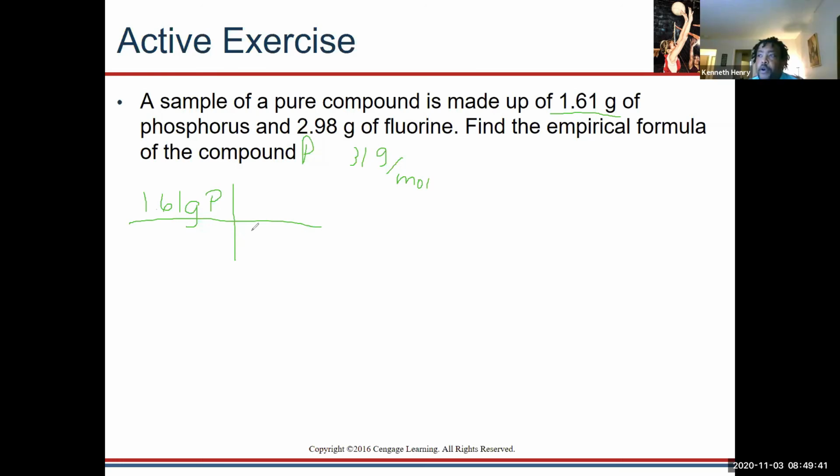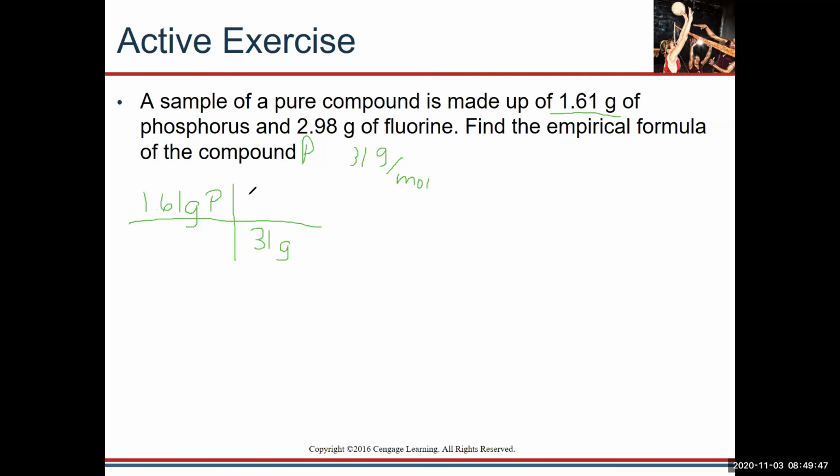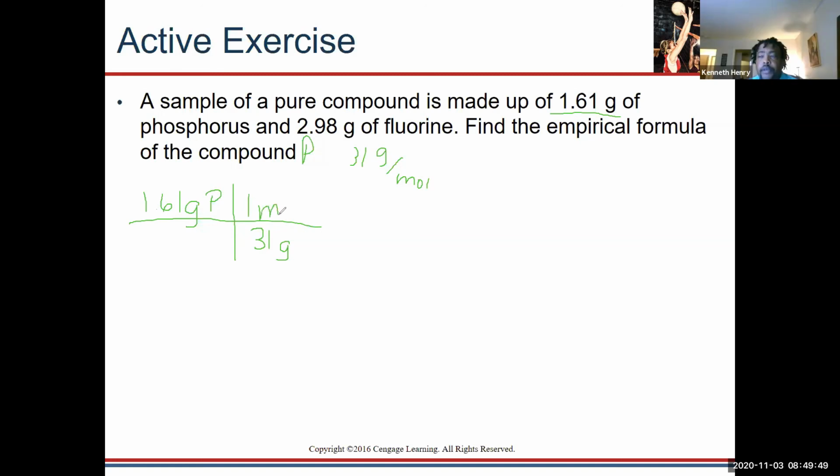So that means I put my grams on the lower part, and then my mole on top, because then that would give me my answer in moles of phosphorus. Good job, Diego. So I cancel this out. What do I get?